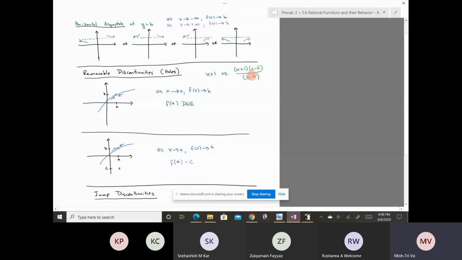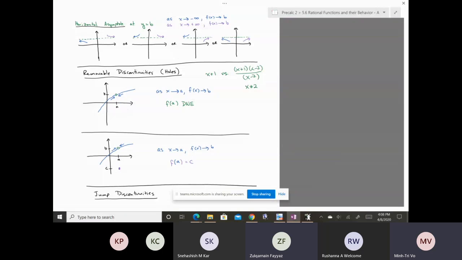But the function on the right has a restriction on the domain where x is not allowed to be 2 because you can't divide by 0. So the function on the right is undefined when x is 2, and this point where it's undefined is where the hole occurs.